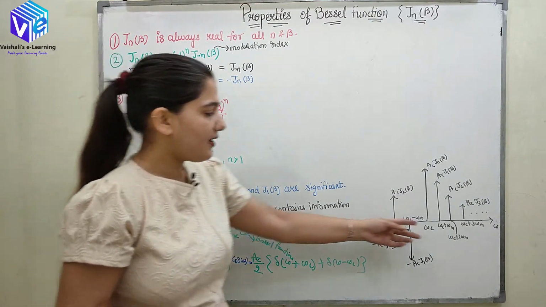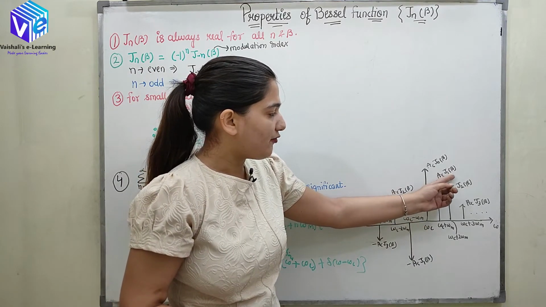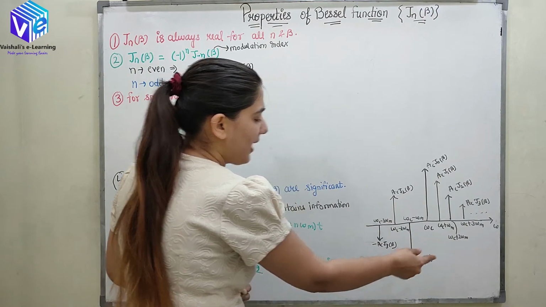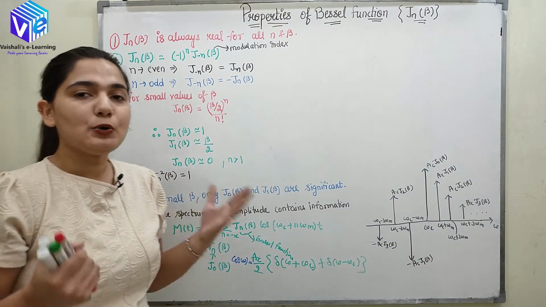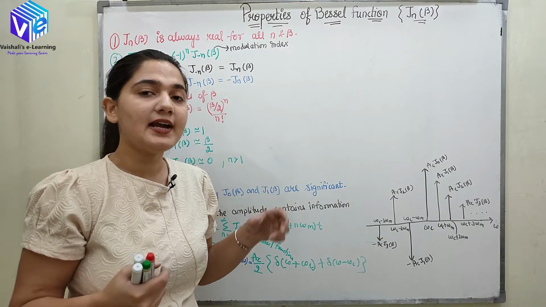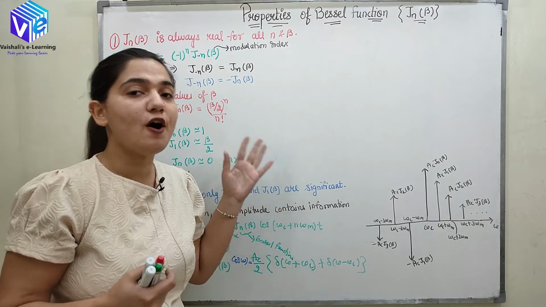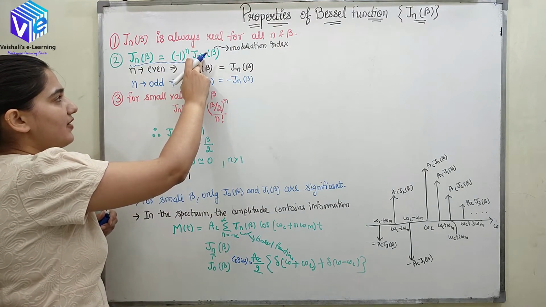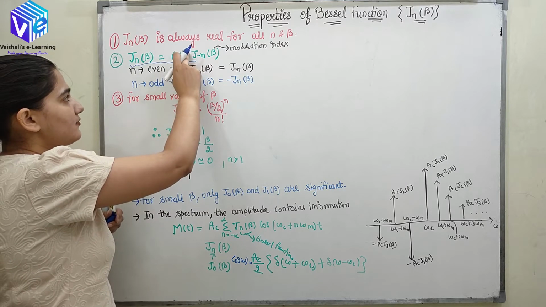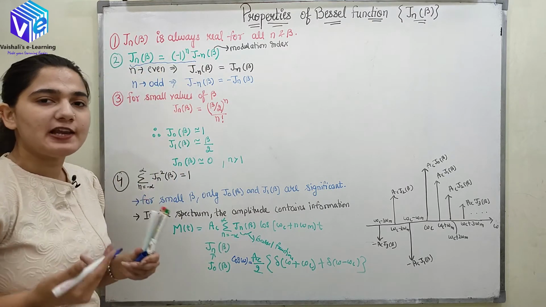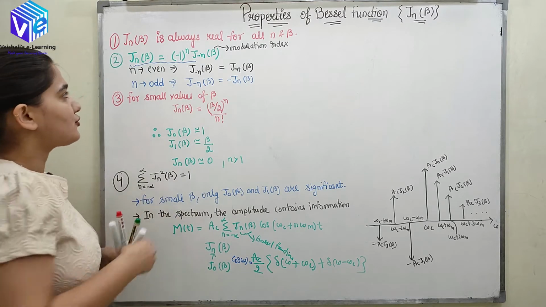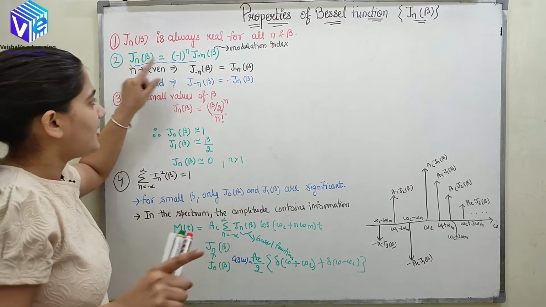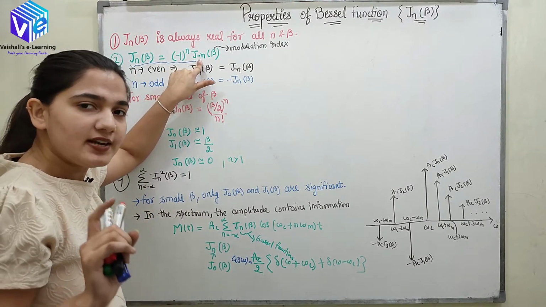Now I plotted the values of the delta functions here, but here they are multiplied by different Bessel functions. Here it was multiplied with J_1(beta), so n was 1 here, but here it was multiplied by J_minus1(beta). To find out the value of the Bessel function at the negative portion of n, this formula is used: J_minus n(beta) times minus 1 raised to power n is equal to J_n(beta). So J_n(beta) represents the value of the Bessel function at positive n, and this represents the value at negative n.